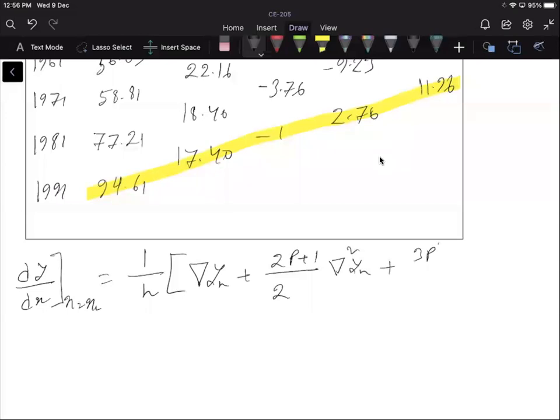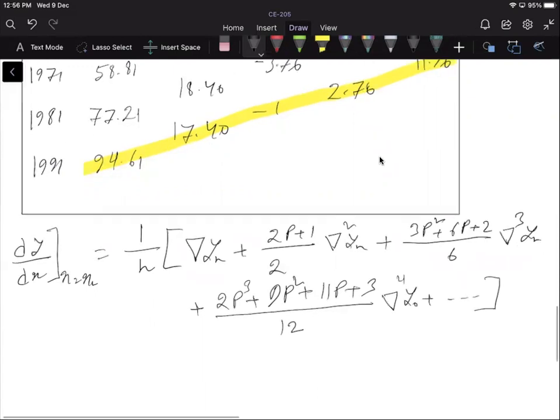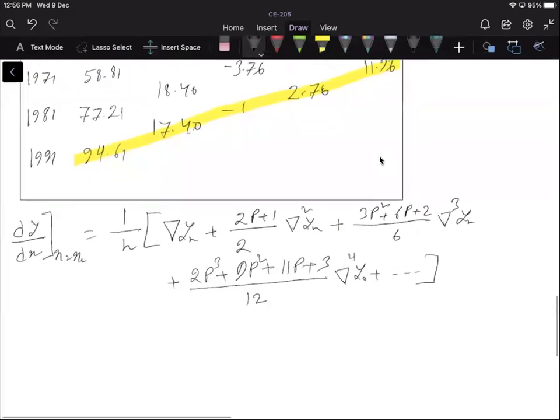Plus (3p square plus 6p plus 2) divided by 6 nabla cube yn, plus (2p cube plus 9p square plus 11p plus 3) divided by 12 nabla to the power 4 yn, plus dot dot dot. So this is your equation.